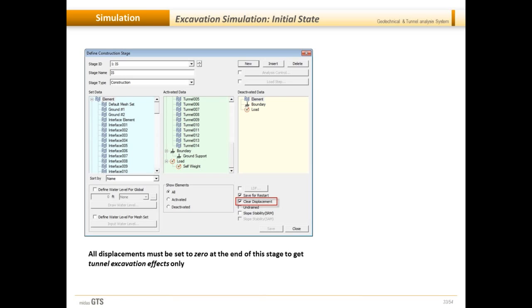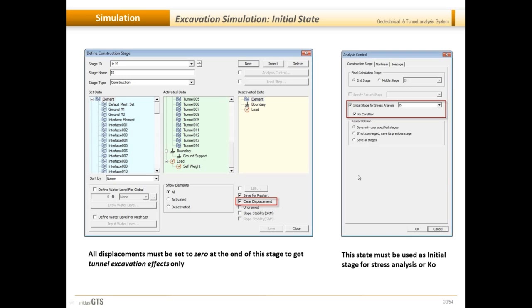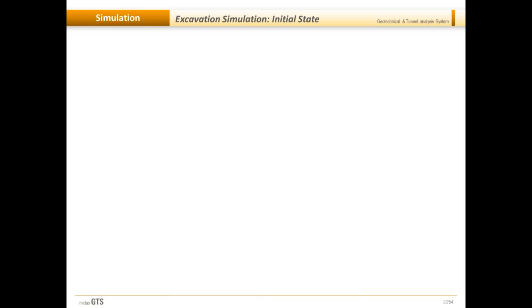Thereafter is what is of your interest. But this stage is highly crucial for starting your stress analysis. And sometimes you use K-naught conditions. Then this is the state that you should set up for using the K-naught condition to begin with.